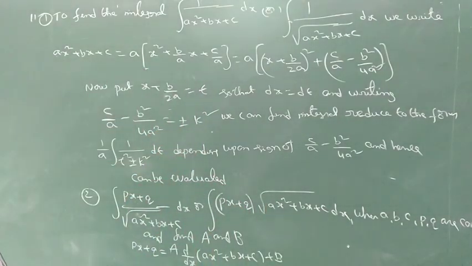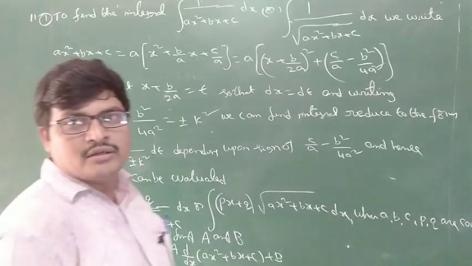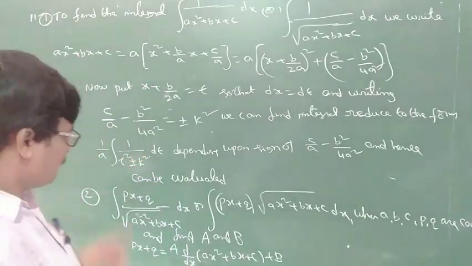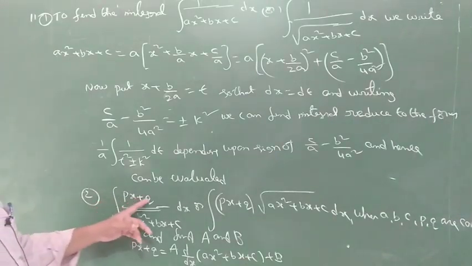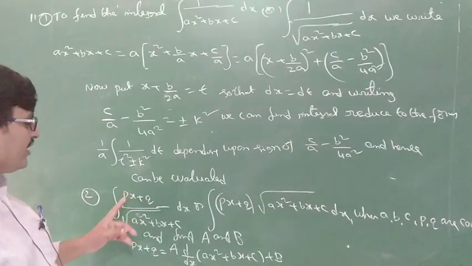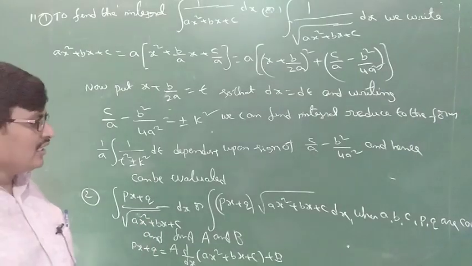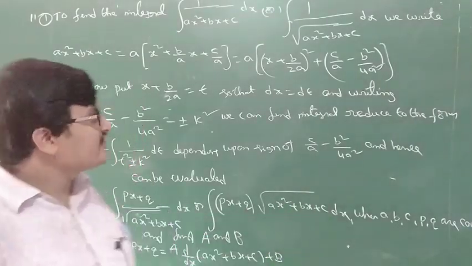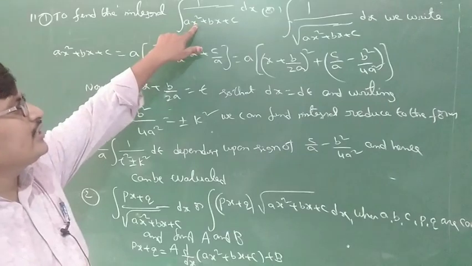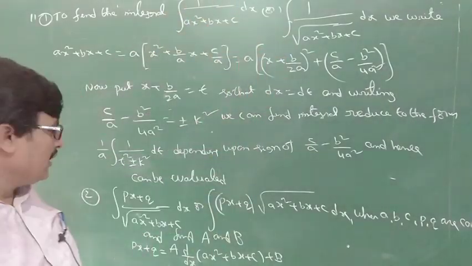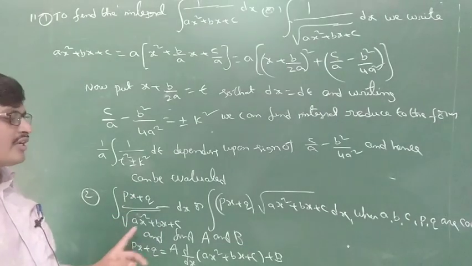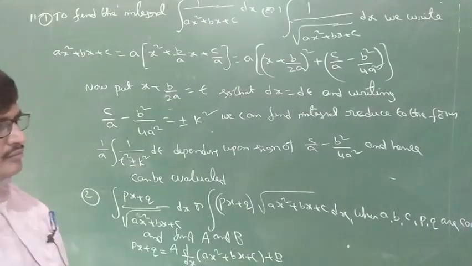For example, 3 is equal to root 3 whole square, 4 is equal to 2 square. This one. And next type of problems, px plus q by root of quadratic, this is linear by root of quadratic. There is no linear equation, only 1 by or 1 by root, or without root. This is linear by root of quadratic, linear into root of quadratic.